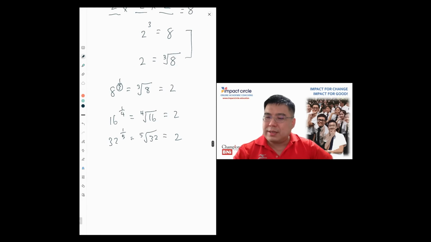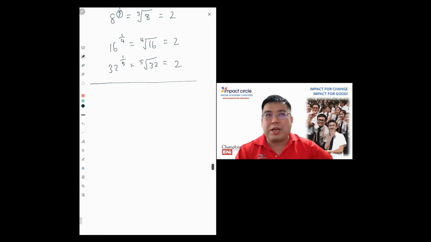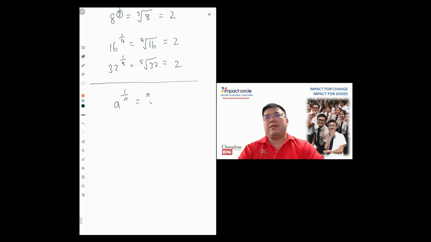Okay, so what we have figured out is this general law. A to the power of 1 over n is actually equal to the nth root of a. And this is one of the laws of indices, right?